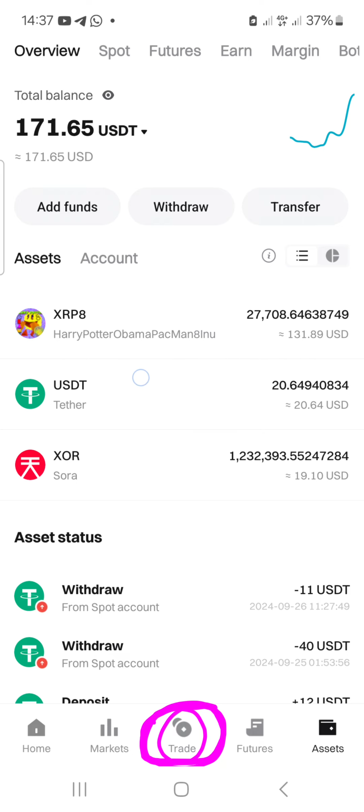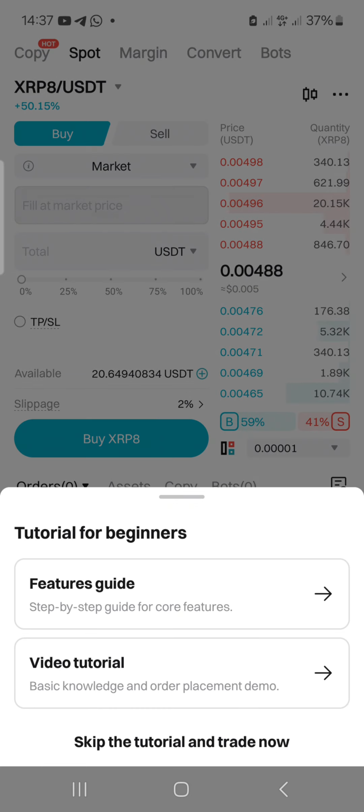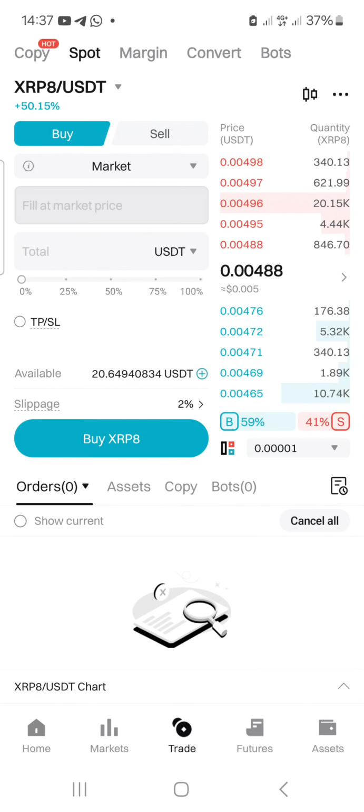When you do that, it's going to bring you to this interface. You're going to choose any currency pair of your choice you want to trade. Let's say we want to trade Ethereum, so you click on this up here.